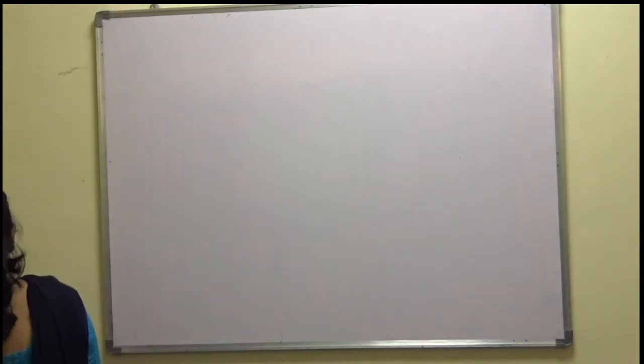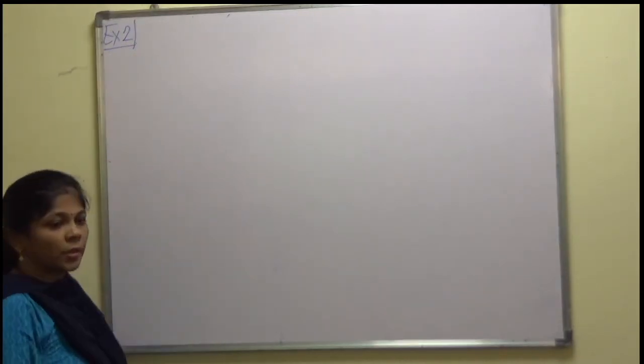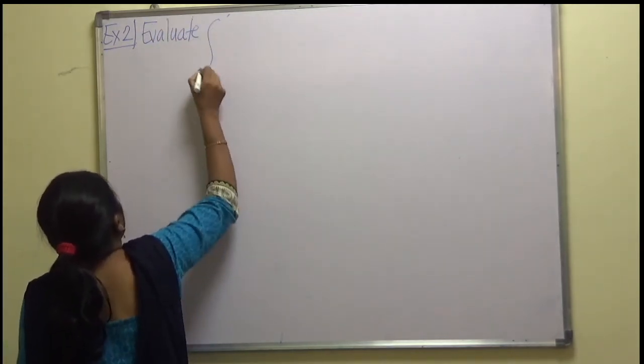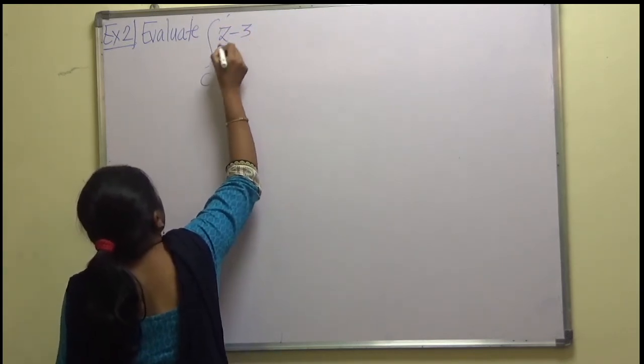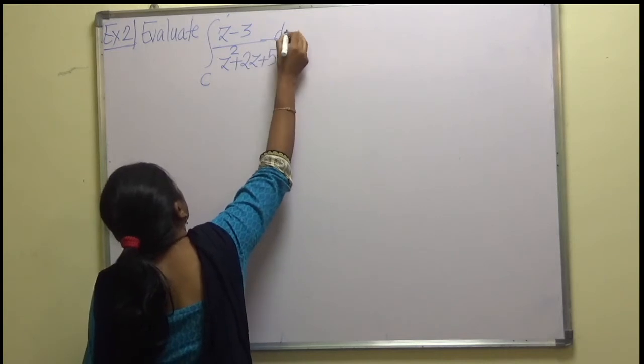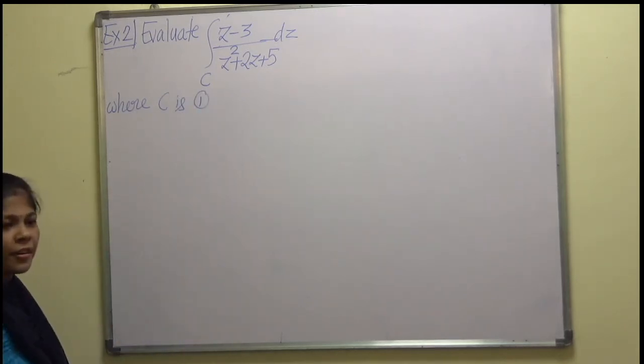So the second example is evaluate the integration over C of z minus 3 upon z square plus 2z plus 5, where C is, so here different curves are given.